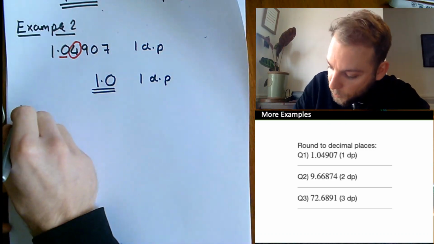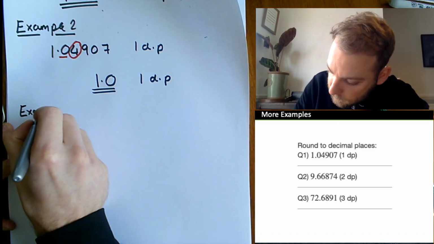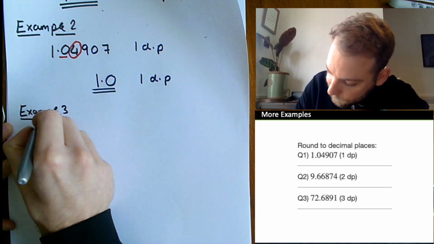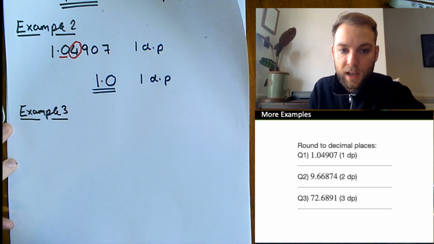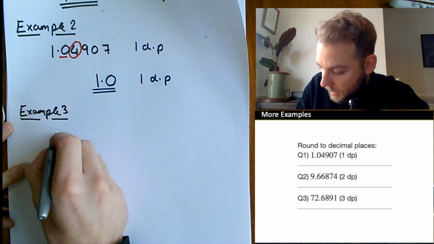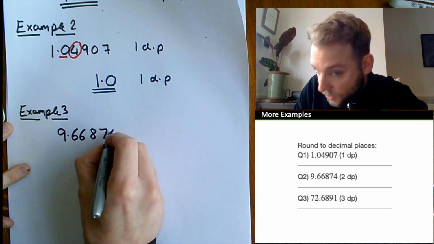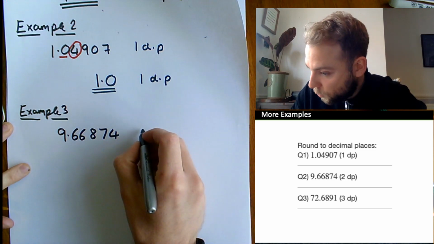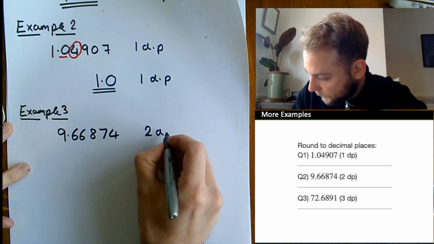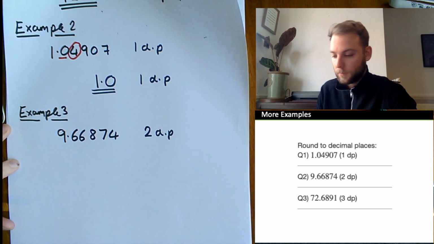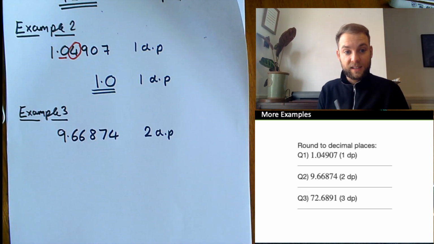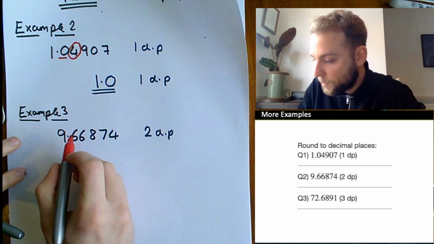Okay? So let's have a look at example 3. So here you have 9.66872 to 2 decimal places. So this one here is a little bit different because it's the second decimal place. So it's your second decimal place I'm looking at. So 1, 2.